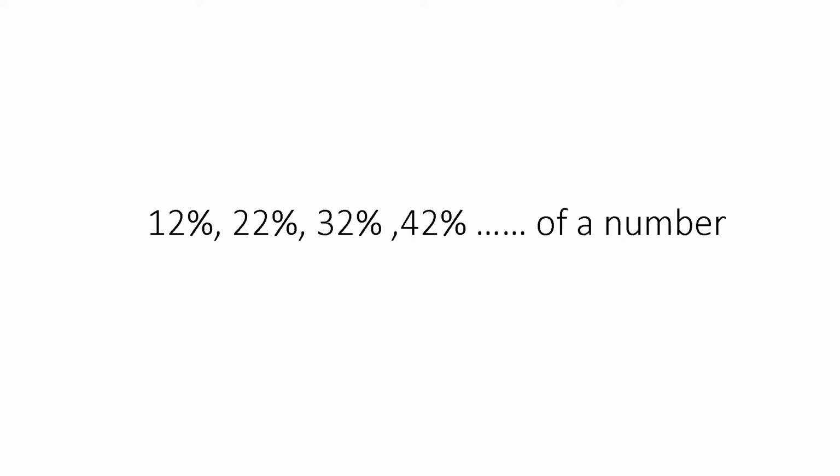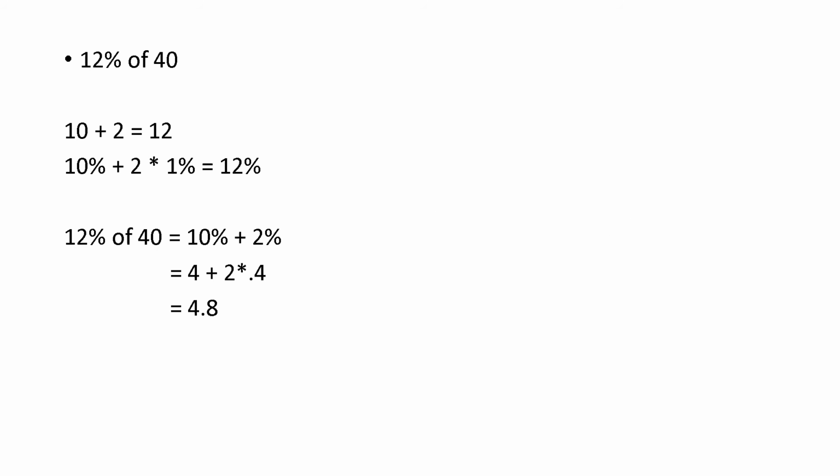Now let's see how to find 12%, 22, 32, 42 and so on of a number. 12% of 40 of the number. 12 means 10 plus 2. Okay, that is 10% plus 2%. So 2% means 2 into 1%, right? So 10% plus 2 into 1%, that is 12%.